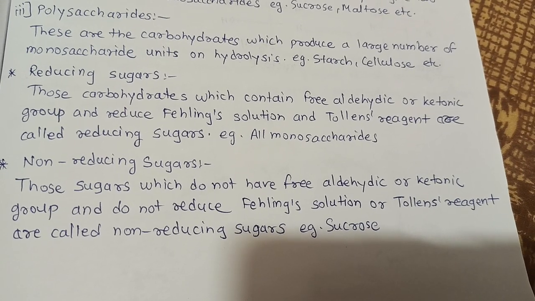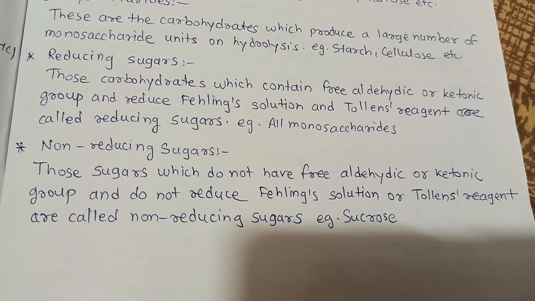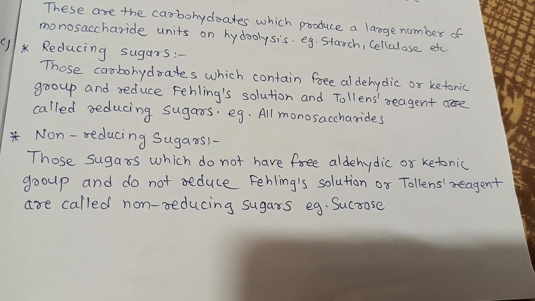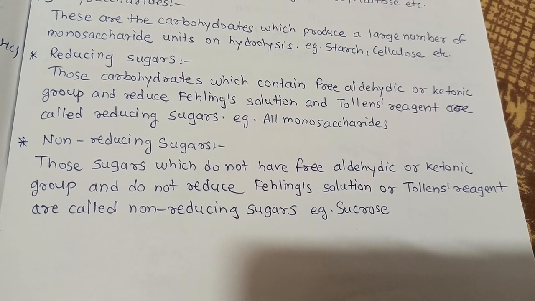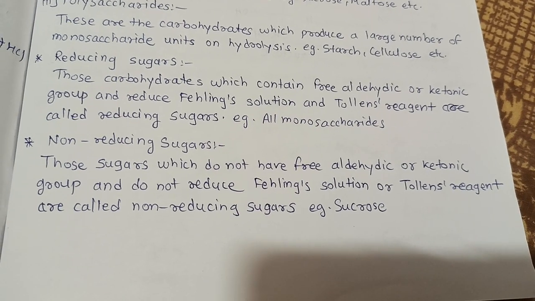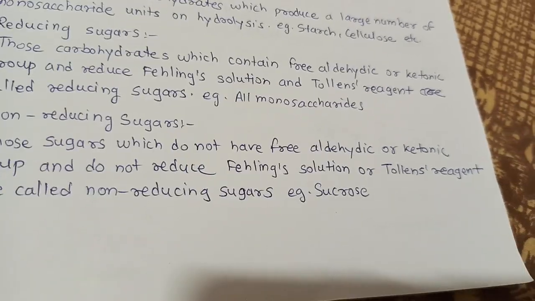They reduce Fehling's solution and Tollens reagent, therefore they are called reducing sugars. On the other hand, non-reducing sugars are those sugars which do not have a free aldehydic or ketonic group and do not reduce Fehling's solution or Tollens reagent. An example of that is sucrose.